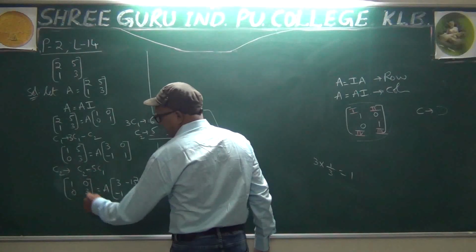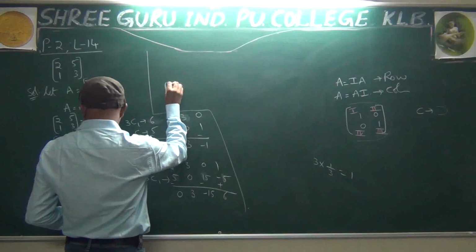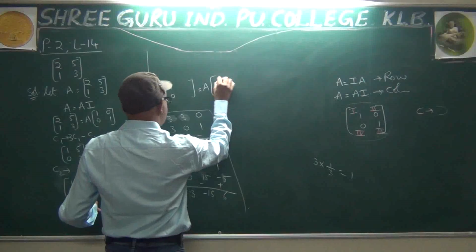Where it is? It is in the second column. Nothing happened to the first column. Keep the first column as it is.